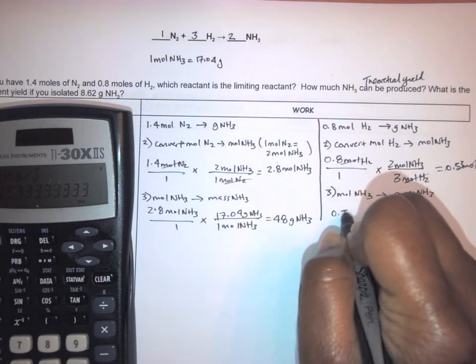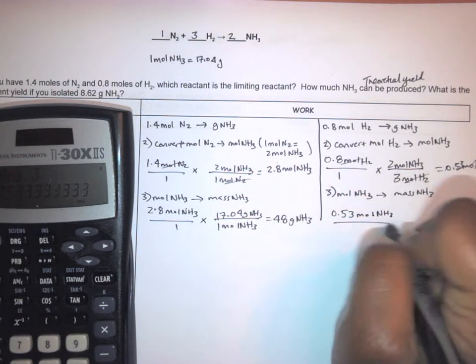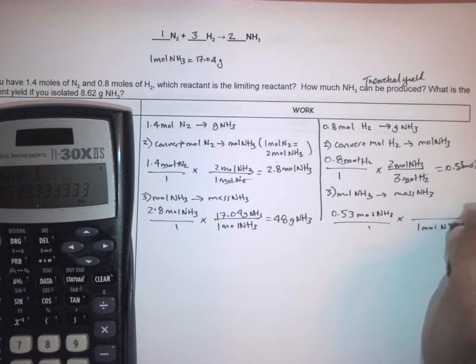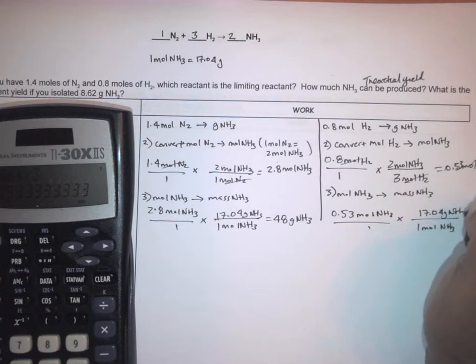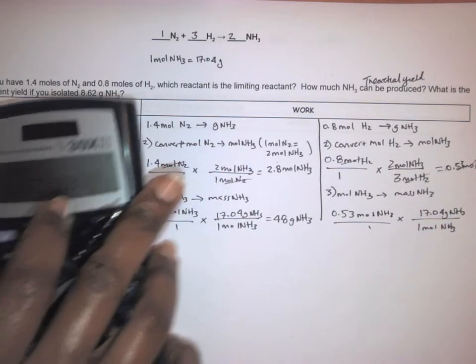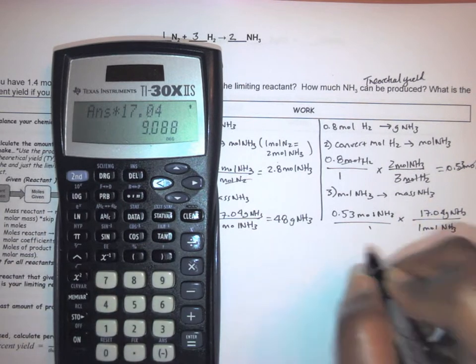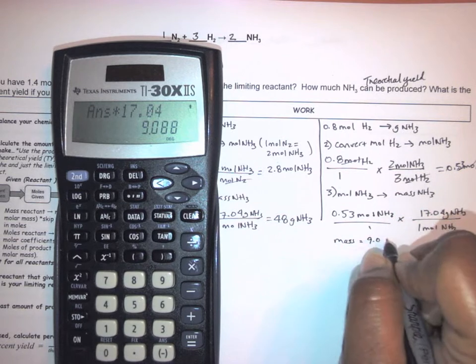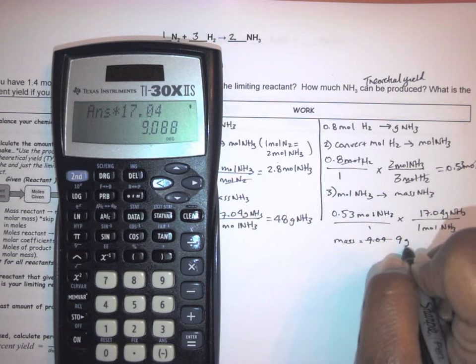So 0.53 mole NH3 over 1. And then I want to get rid of moles of NH3, so 1 mole of NH3, and then 17.04 grams of NH3. Okay, you multiply those. And then I get the mass to be 9.009, which, again, I'm using 1 sig fig, so it'll be just 9 grams.